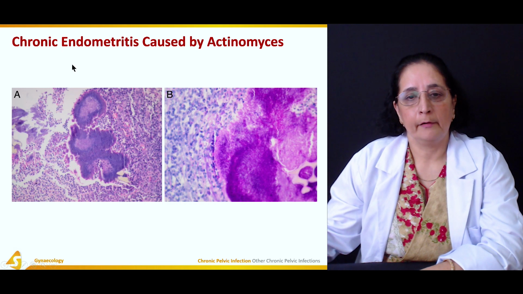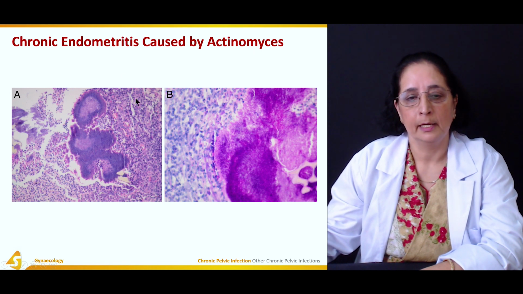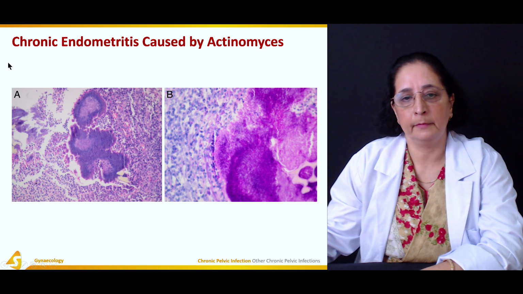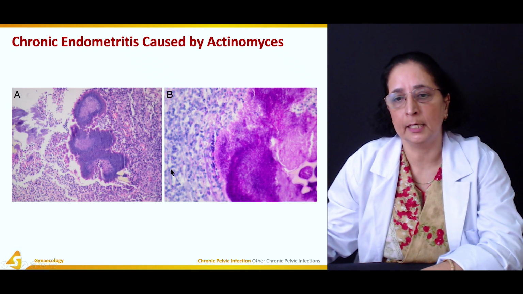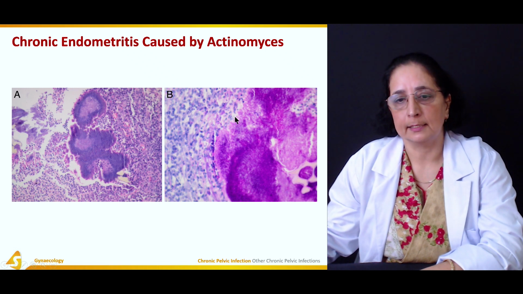These are the diagrams of endometritis caused by actinomyces after the gram stain. Here they are gram-positive, stained by the gram stain, and the picture shows endometritis in which the endometrium is inflamed and infected.